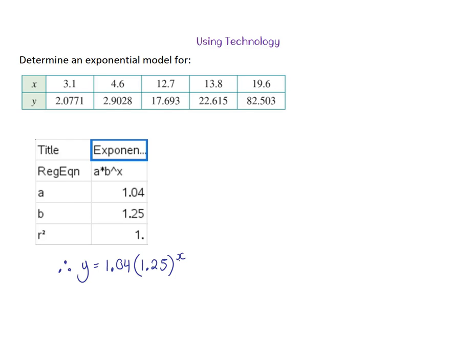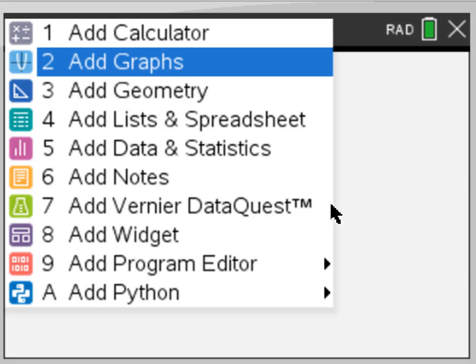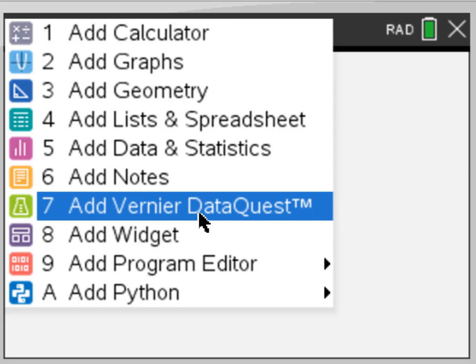But what if I wanted a natural exponential? So base e instead of base b, which is what I've got here. So I'm going to show you another way to do this on your calculators. So now I want to pick Add Vernier DataQuest.